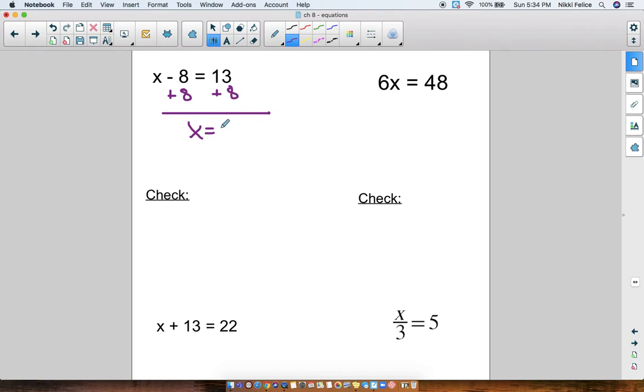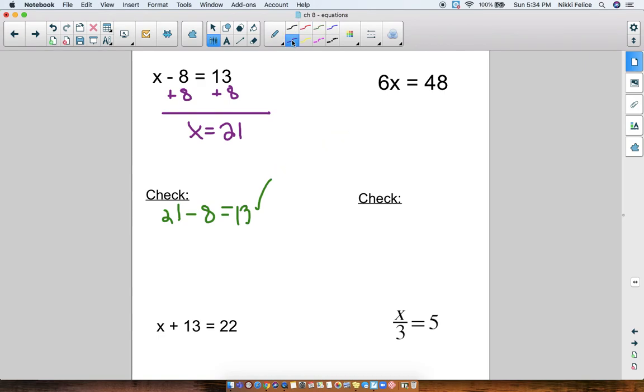X equals 21. And then I can go back and check my work by plugging 21 in for x and making sure 21 minus 8 equals 13. Yes, it does. So I did it correctly.